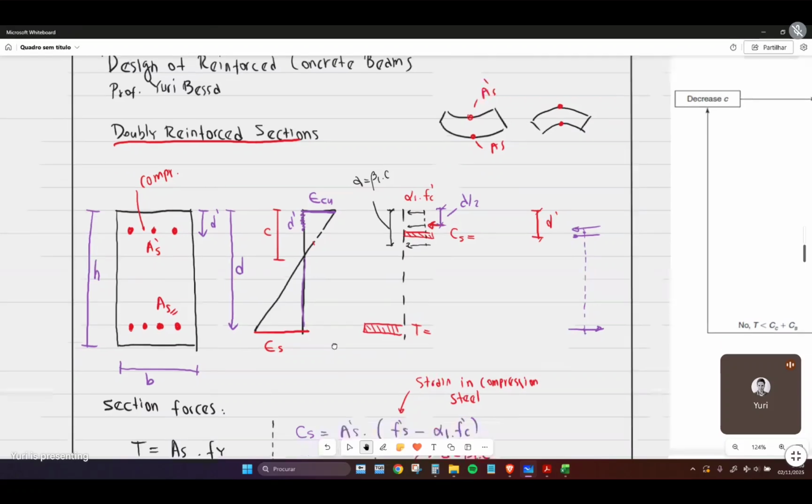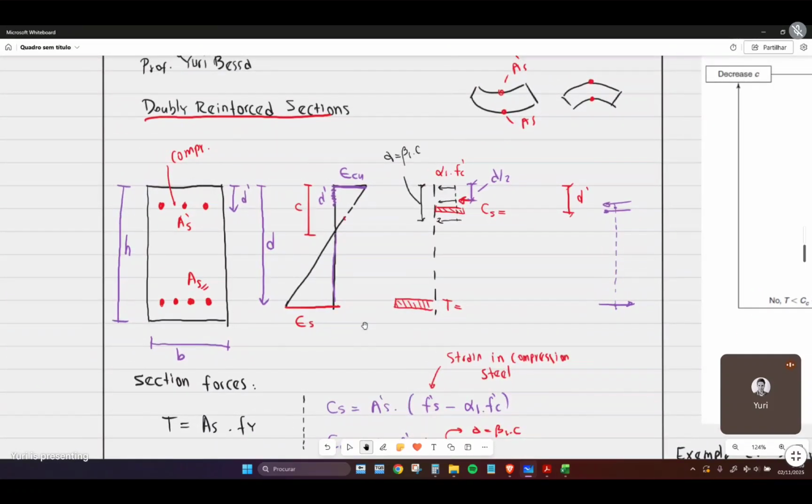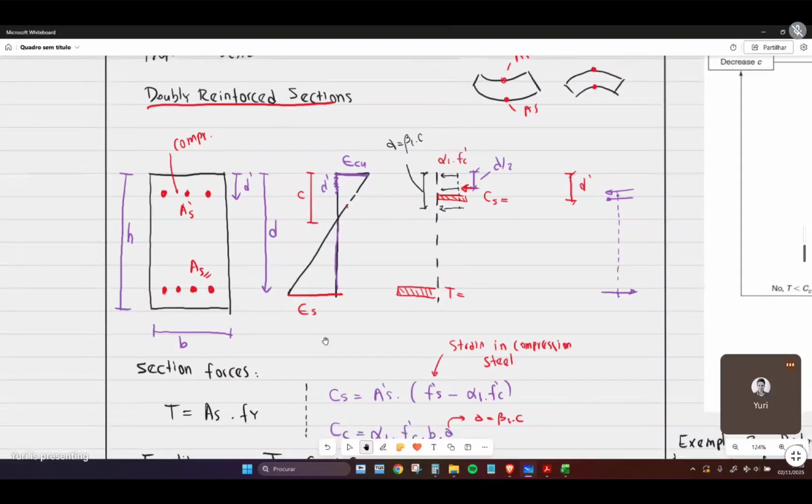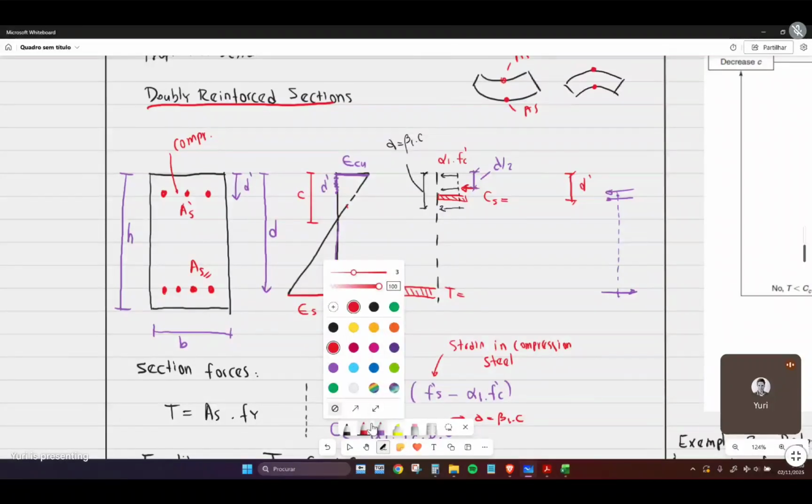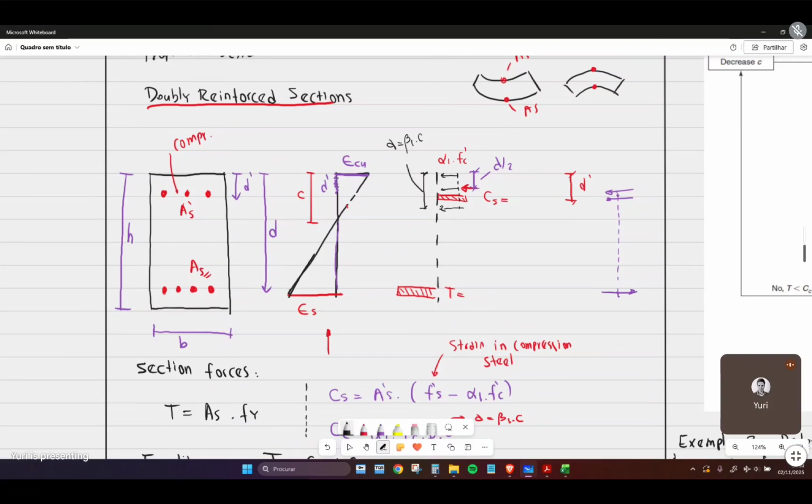So Yuri, what are the main differences whenever we're designing doubly reinforced sections? Here, as you can see from our strain relationship that we talked through last class, we have a linear behavior, and at the top we have the ultimate compressive strain of concrete.